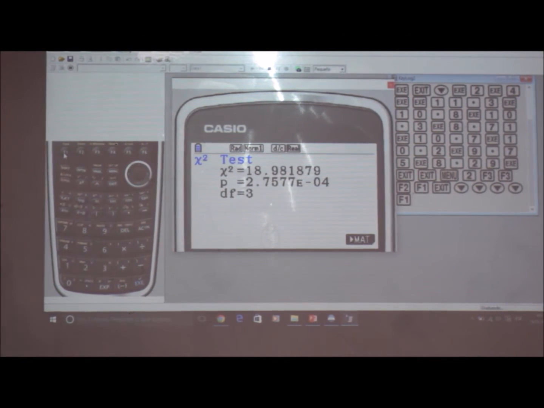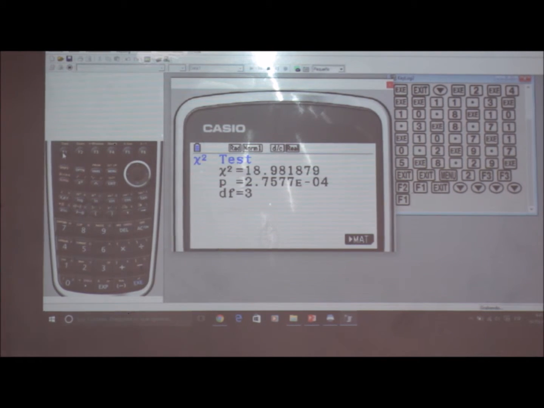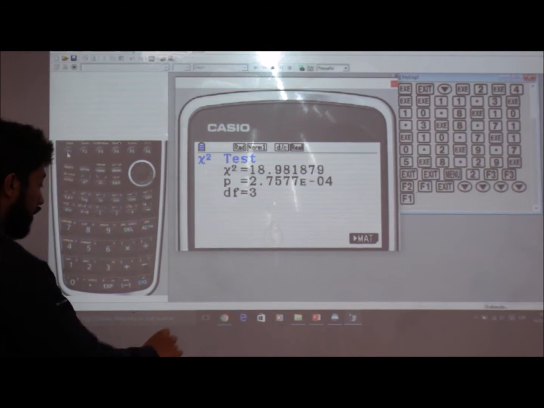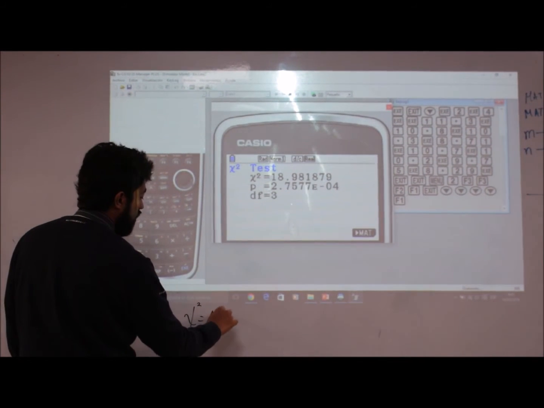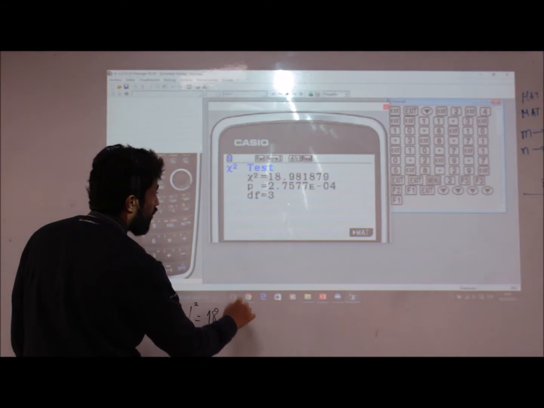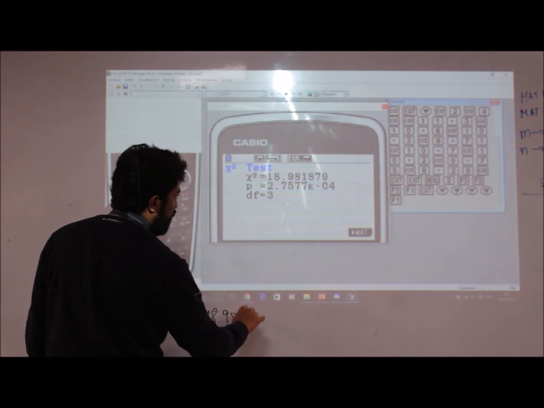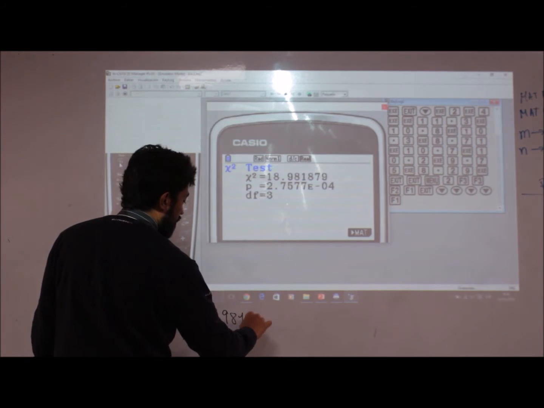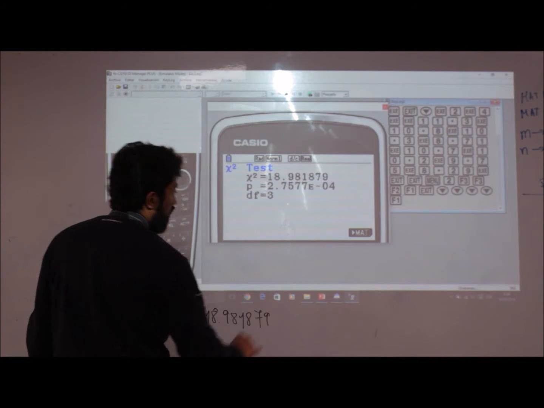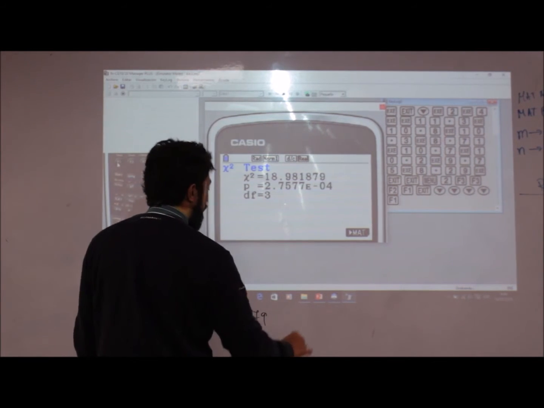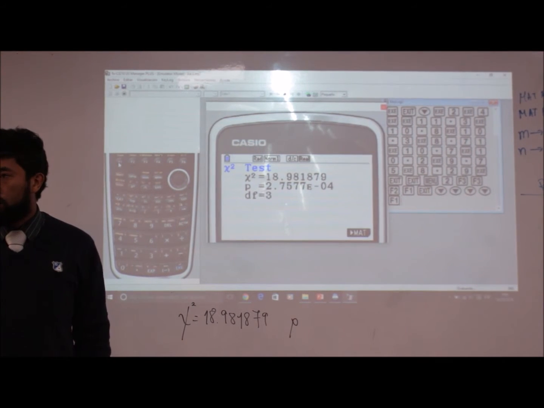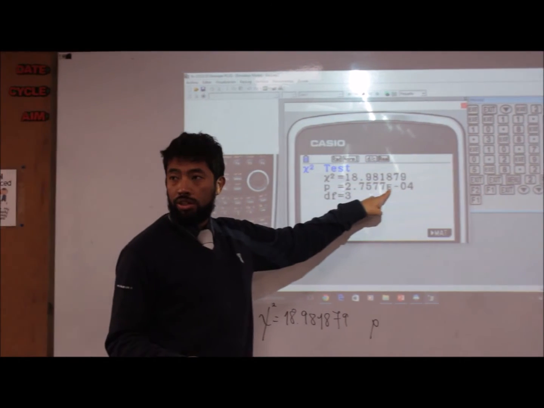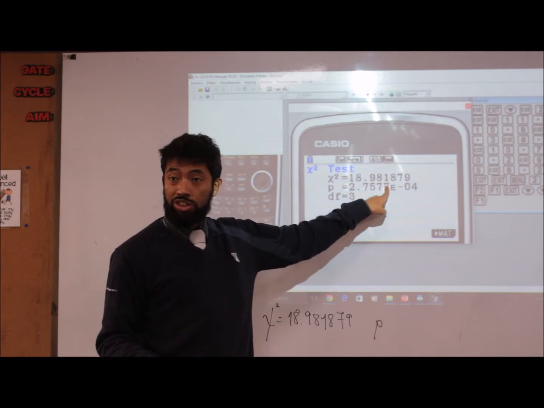So, what is the chi-squared value? 18.9. I'm going to write it complete. It's not necessary, but I'm going to. And the p-value. The p-value is too few. It's a few because this number is in scientific notation.